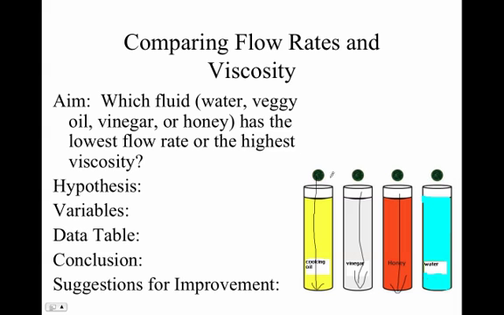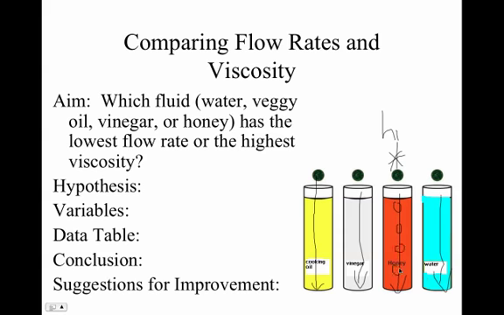So which one of these three liquids do you think would cause the marble to take the longest to flow through? That's right. If you guessed honey, you're right. Honey has a high viscosity, which means it has a slow flow rate.